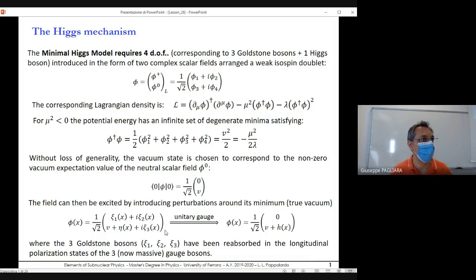Now it is the time where we apply this unitary gauge, this magic, if you like, where the 3 Goldstone bosons, Xi1, Xi2, Xi3, now disappear from our field because they now provide the mass to the 3 bosons, and we are left with just one object, one scalar boson, which is the Higgs boson. So this was our arriving point yesterday. So let's move on now.